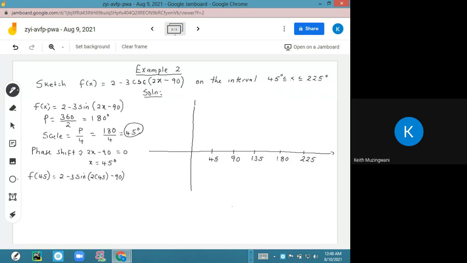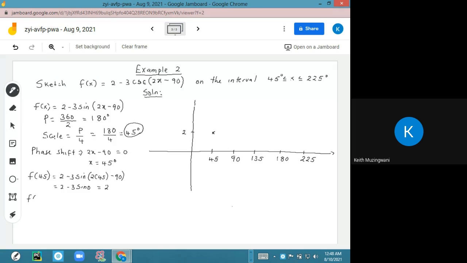So this is going to be 2 minus 3. 2 by 45 is 90. 90 minus 90 is 0. So sine 0 is 0. So we just get 2 here. So we have 45, 2. We have a point there.